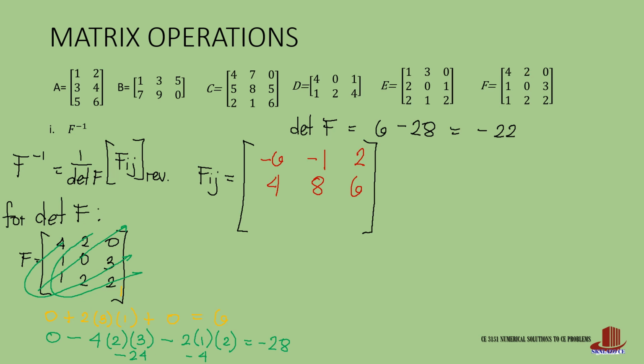Let's finish our cofactor by working with our third row, which would give us 2 times 3 is 6, less 0. This is still going to remain as 6.